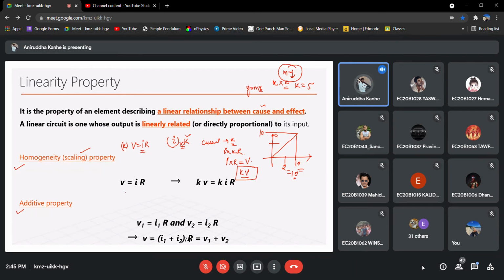Now, what is additivity? Additivity says that if V1 is I1R and V2 is I2R, and if I write I equals I1 plus I2, then a similar expression I should get for V. That means the total voltage V must be V1 plus V2.